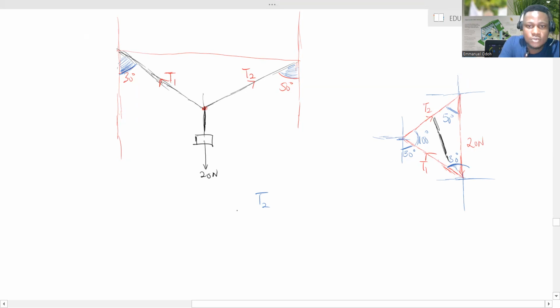So T2 over sine 30. Let's go 20 and 100. You can see 20 and 100. So 20 over sine 100. And then you can see T1 and 50. So let's do T1 over sine 50 degree.